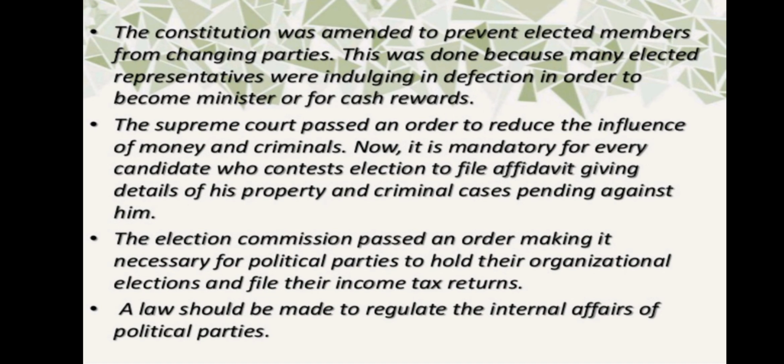Means they cannot change the party after winning the election, and against that the law made is the anti-defection law. Now the second one is the affidavit. The Supreme Court passed an order to reduce the influence of money and criminals.